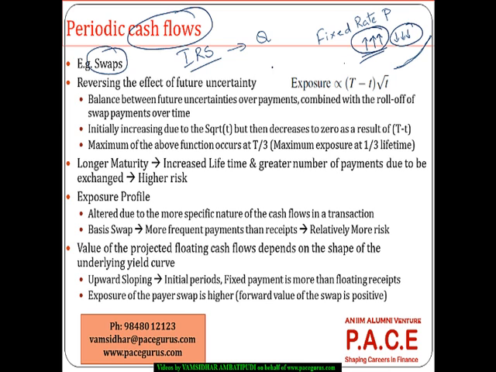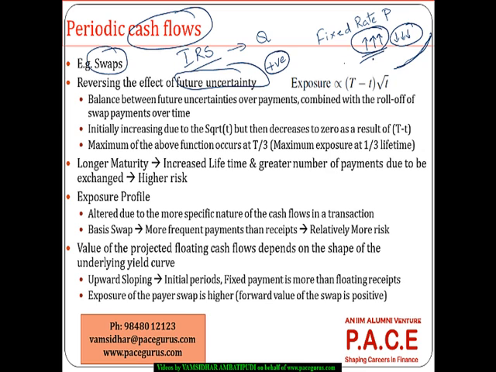So the present value of the future cash flows is going to be much positive for a fixed payer, under the assumption that the interest rates are upward sloping, right? So there is a possibility of reversing the effect of future uncertainty.